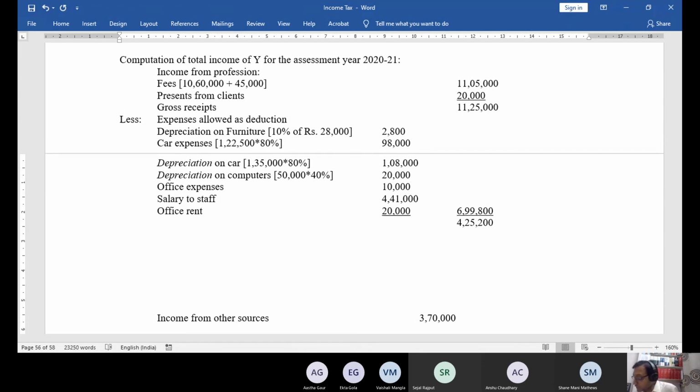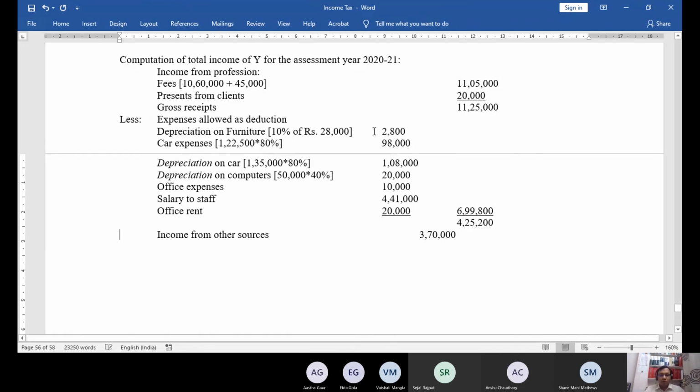Okay, so 4,25,000. Is this answer correct? Let me check this. 4,25,200. Yes, 4,25,200 is the PGBP income. Add income from other sources. How much? 370.